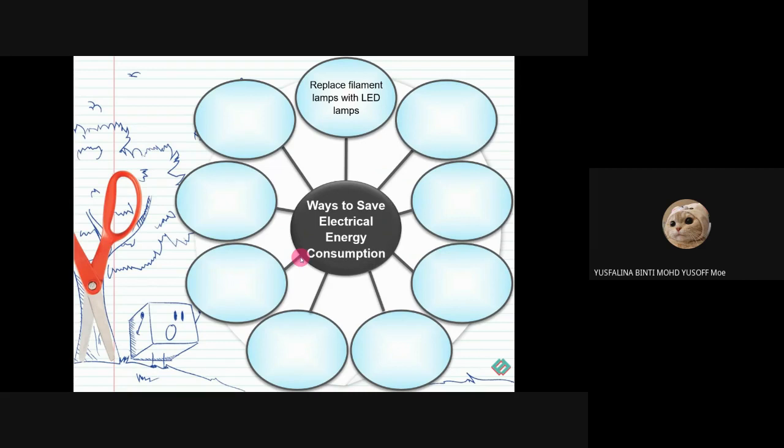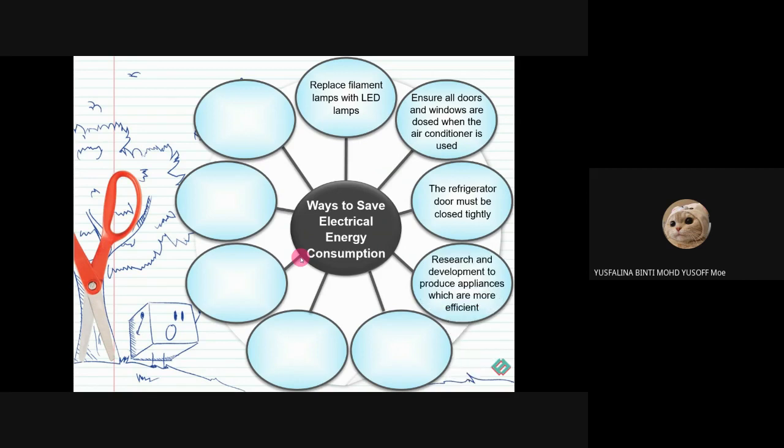Mostly now we use LED lamps. Ensure all doors and windows are closed when the air conditioner is used, and the refrigerator door must be closed tightly, so the cold air inside the refrigerator will not release to the surroundings.